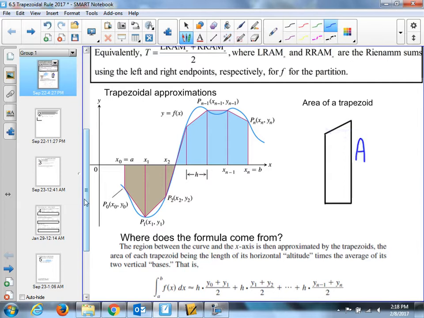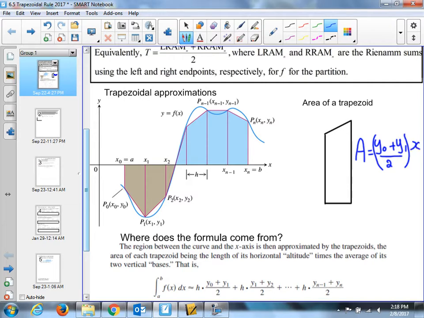Now I'm going to show it like this. The area is, if I'm saying from 0 to 1, y0 plus y1 divided by 2. Now that's going to take an average, as long as I show you what I mean by y0.